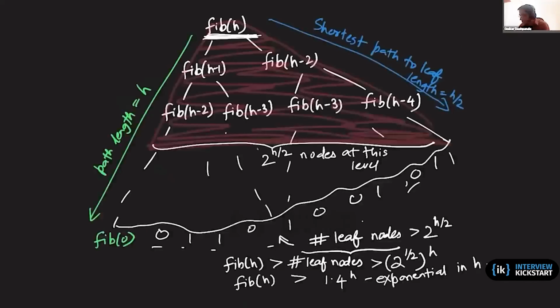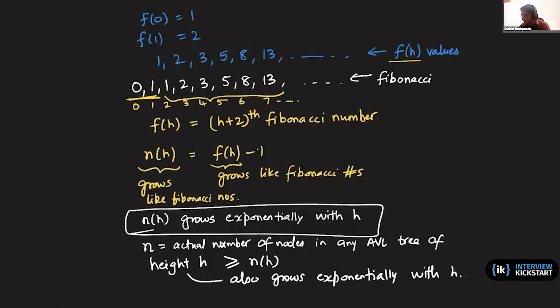That the height of any AVL tree is thus guaranteed to be so. I'll write this in red. Height of any AVL tree with n nodes is guaranteed to be order log n.